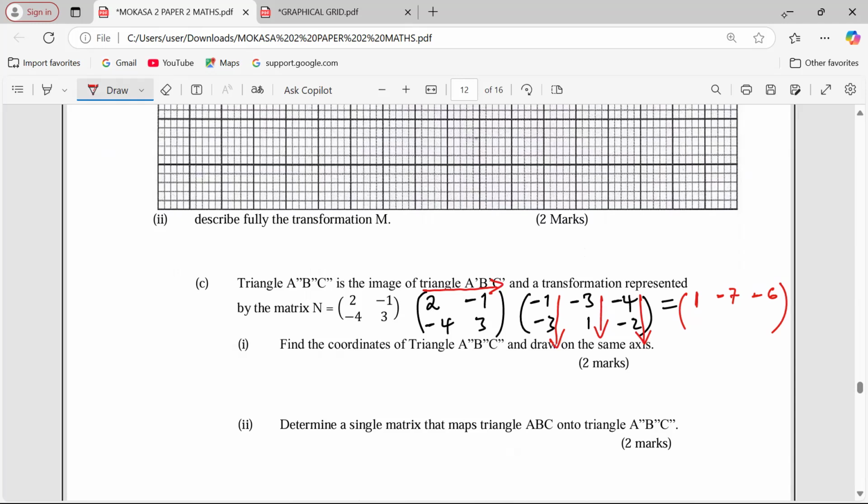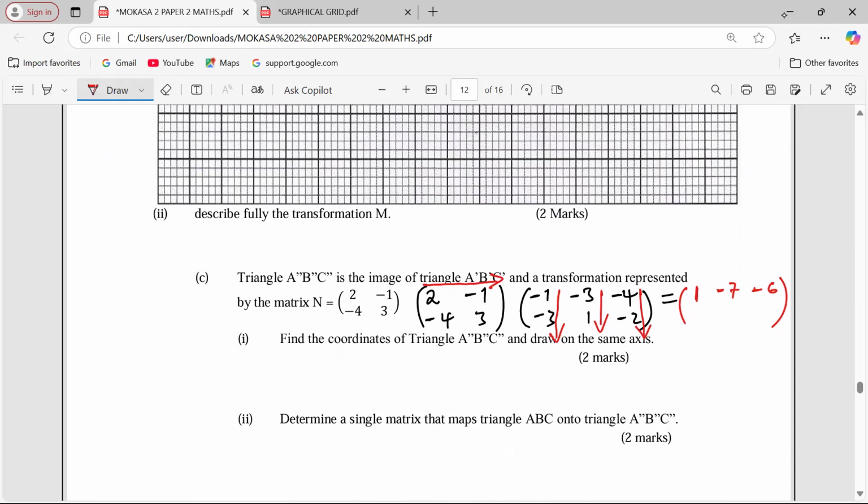Then after that, we talk about the other row. So we go to the lower row and the same columns. We begin with -4, that one goes with -1. Then 3 goes with -3. This is -5. The other thing is -4 into -3 plus 3 into 1. That gives us 15.